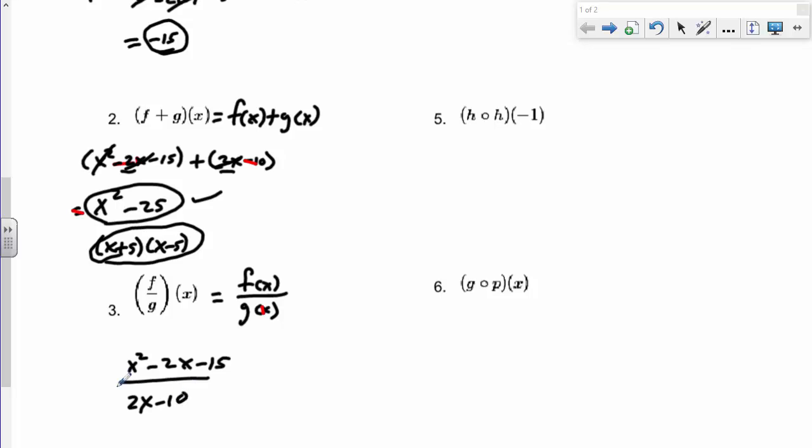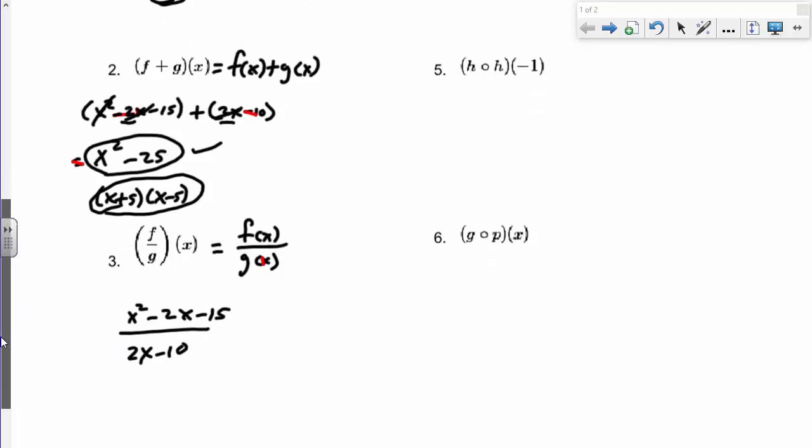Now, if you wrote this, you didn't get credit for it because you need to simplify this quite a bit. We need to factor the top and the bottom. So we need to factor the top: factors of negative 15 that will add together to give you negative 2. Those factors are negative 5 and positive 3. Negative 5 times 3 is negative 15, and negative 5 plus 3 is negative 2.